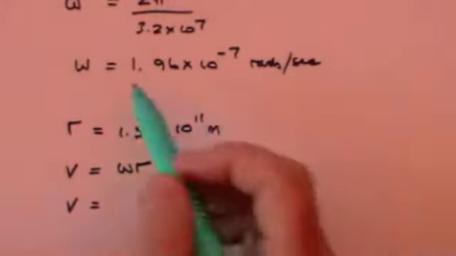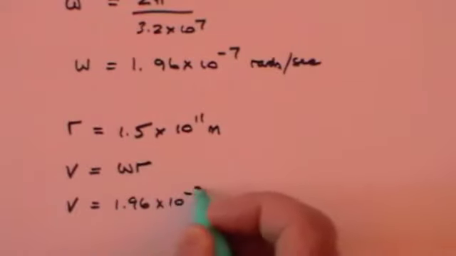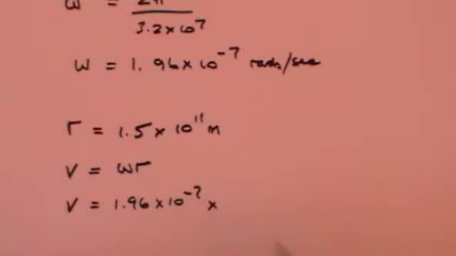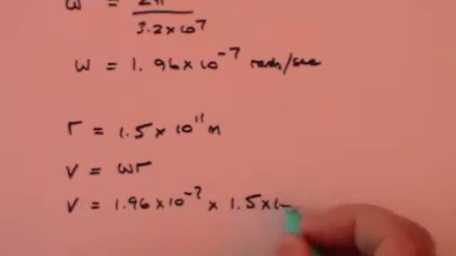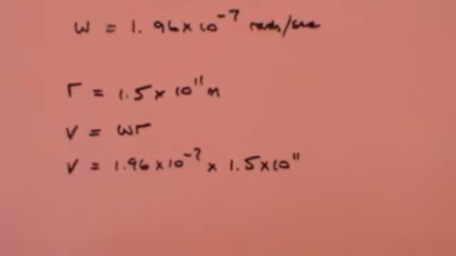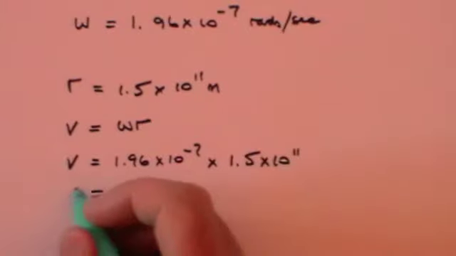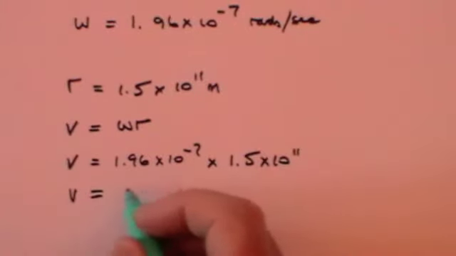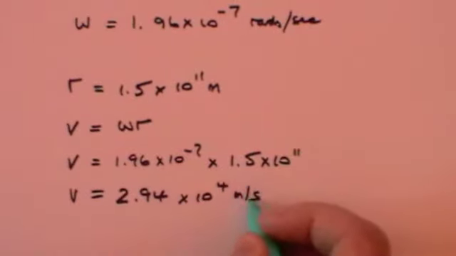So v is going to be the angular velocity that we just calculated, 1.96 times 10 to the minus 7, times the radius, which we've been given, 1.5 times 10 to the 11. If you multiply that out, you will get that v, the tangential velocity, is 2.94 times 10 to the 4 meters per second.